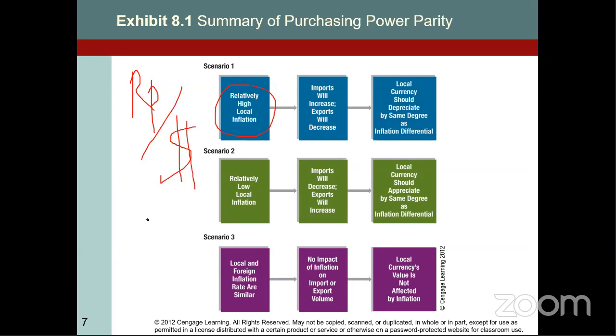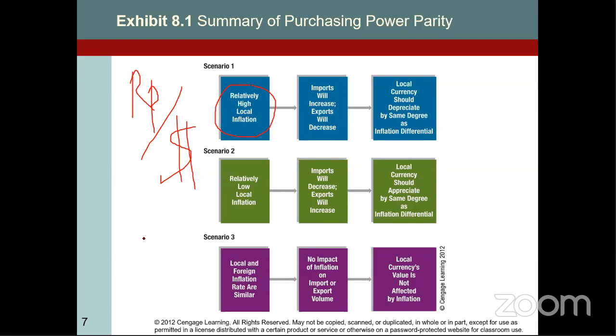With rupiah per US dollar, we as a nation value our money based on 1 unit of US dollars. Just remember that we as a nation value our rupiah based on 1 unit of US dollars. That's why it's per US dollar.